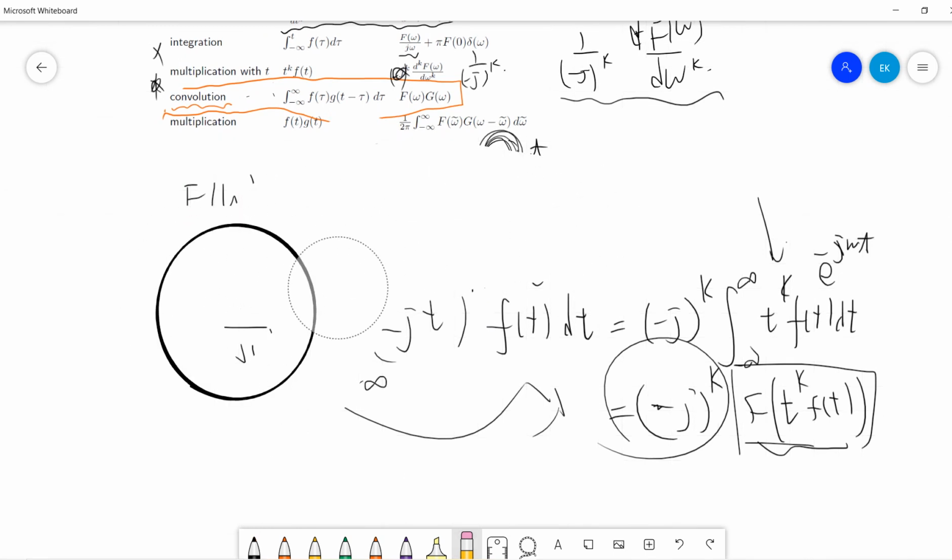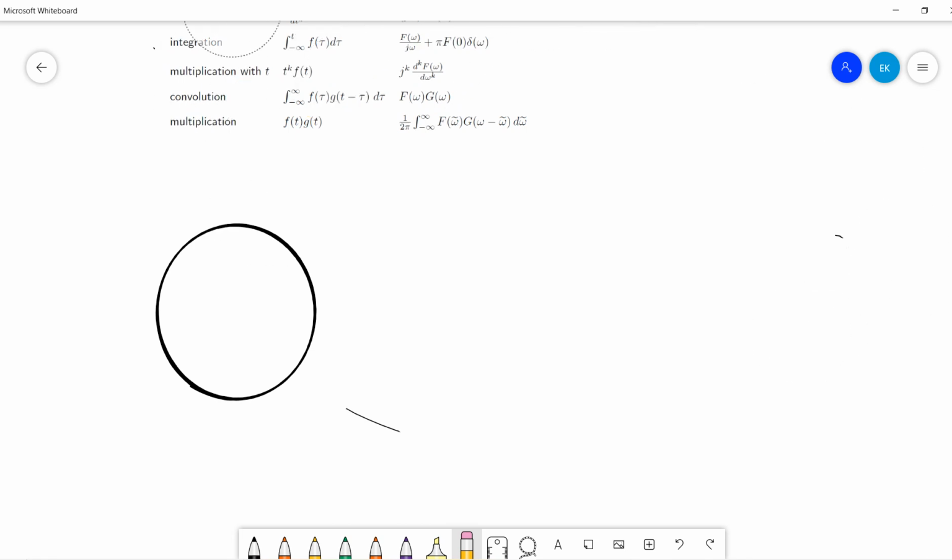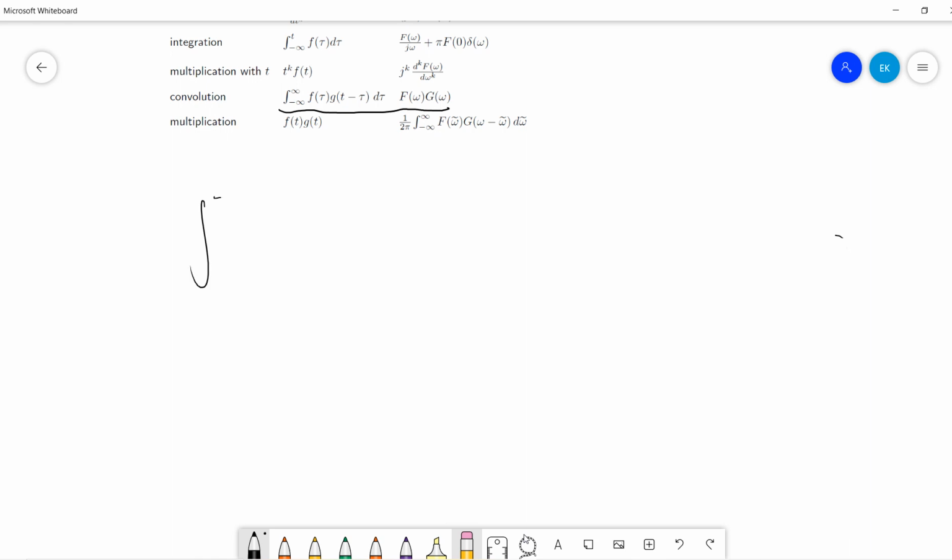Okay, so now we go over to prove this convolution. I will make another video to prove this convolution. So now we do this: f(τ) g(t − τ) dτ times exponential minus j omega t dt.